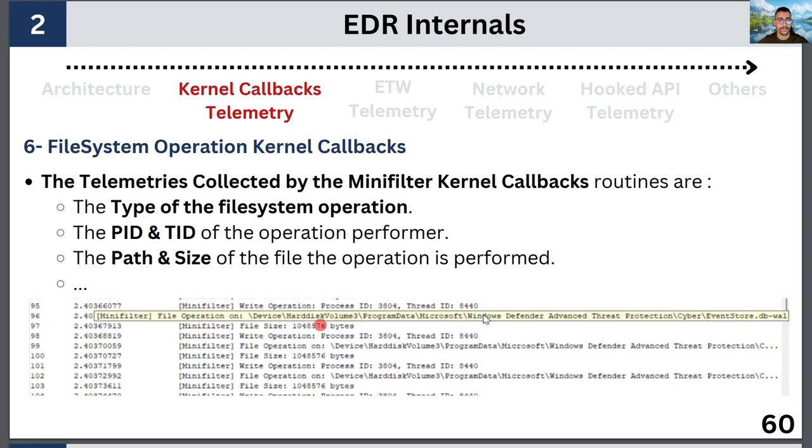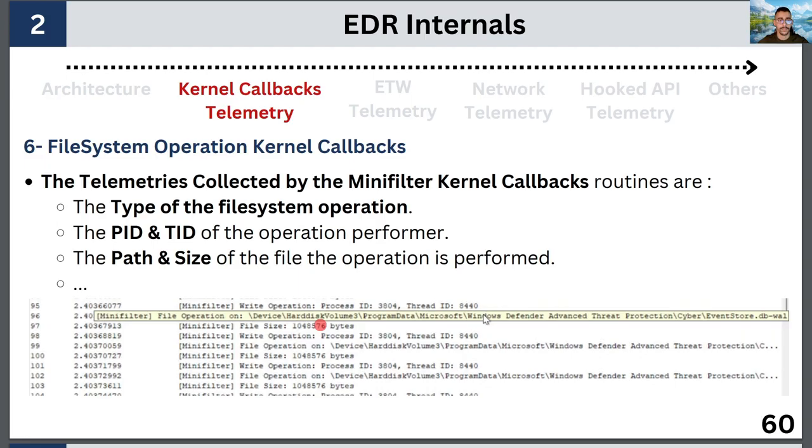EDR solutions commonly use these callbacks to detect malicious file system operations such as dropping mimikatz or other hacking tools, ransomware encrypting multiple files, or unauthorized modification to the file system.